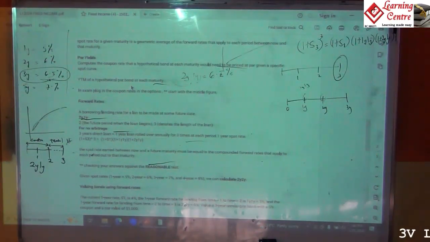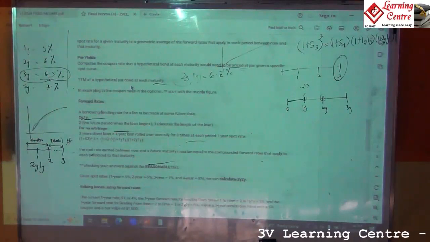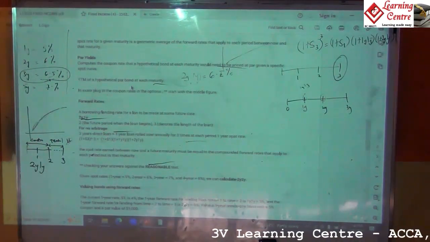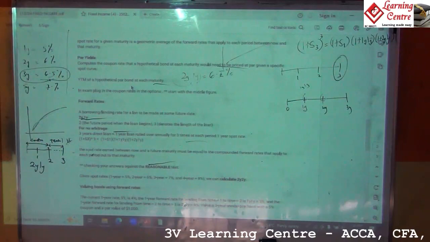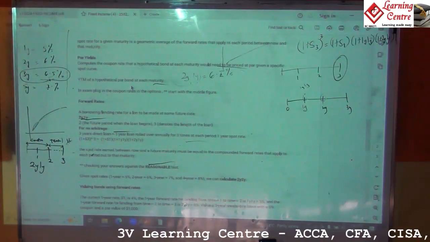That will go for 1 year, just the amount that is different.